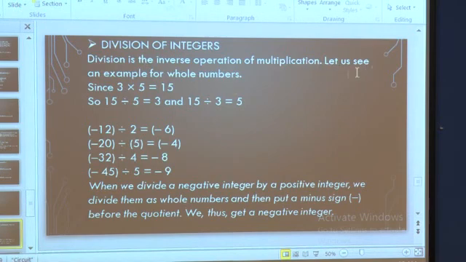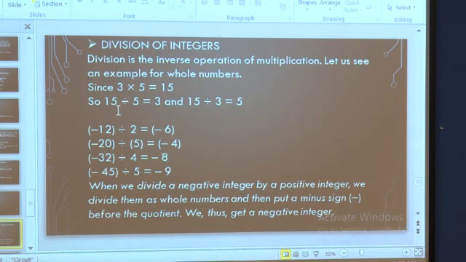Let us see an example for whole numbers. You know very well the whole numbers. Whole numbers are any simple number you can take. I have taken 3 multiplied by 5. This is multiplication. 3 multiplied by 5 is 15. So, what we are going to learn is the operation of division of an integer. I am going to show you how we get division and multiplication as inverse operations.